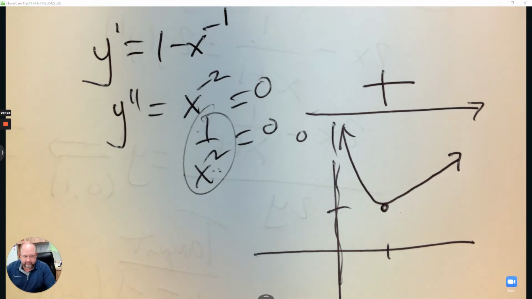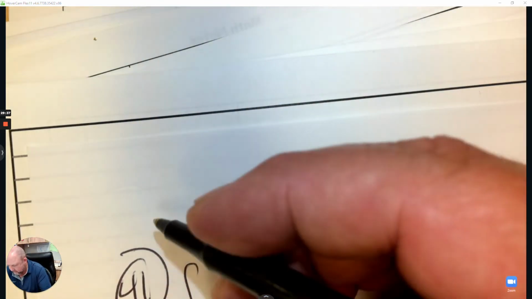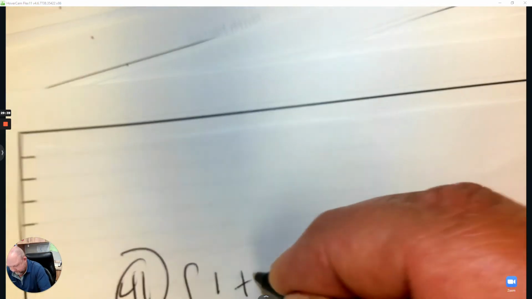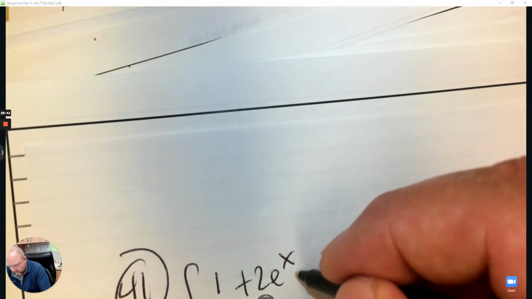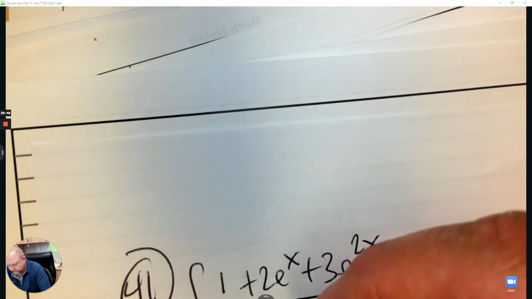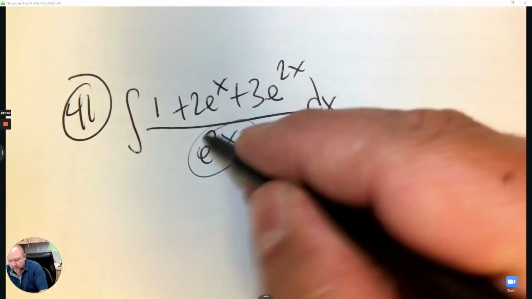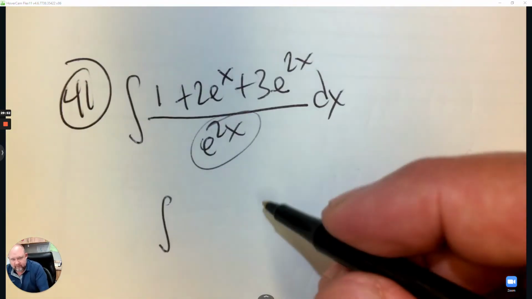41. We're almost done. We're only half an hour in, so we're in great shape. Whenever I have a monomial in the denominator, I want to separate it into fractions.